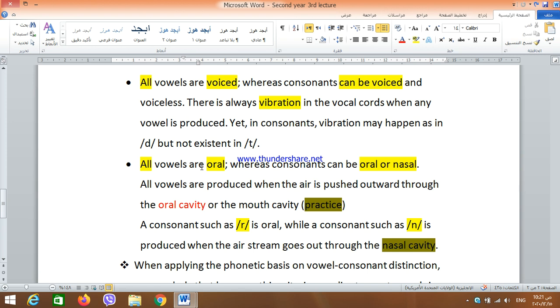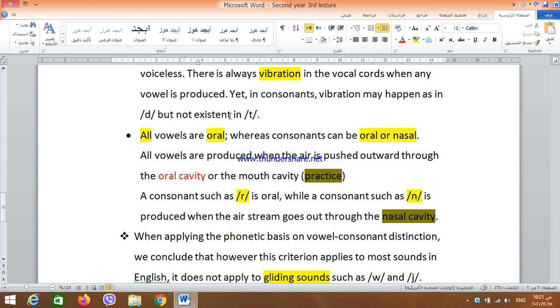You can put your fingers on your throat and say E, A, U, O. You can feel the vibration of the vocal cords in the pronunciation of all these vowels. So with all vowels, there is vibration in the vocal cords.